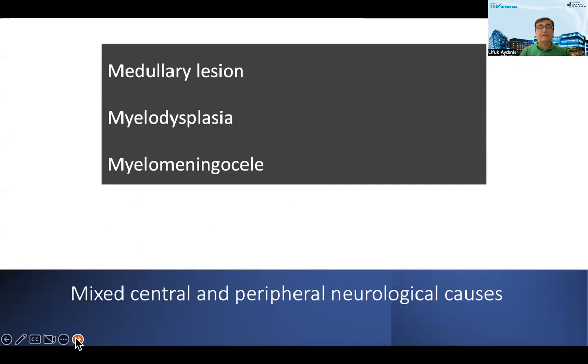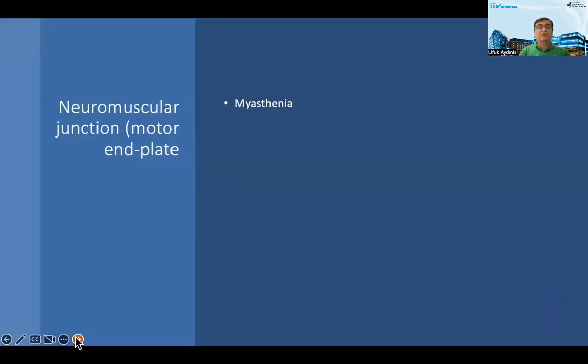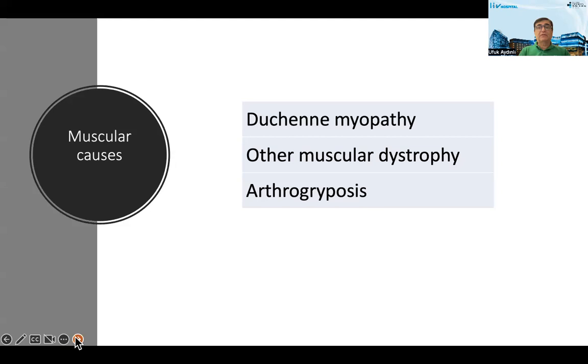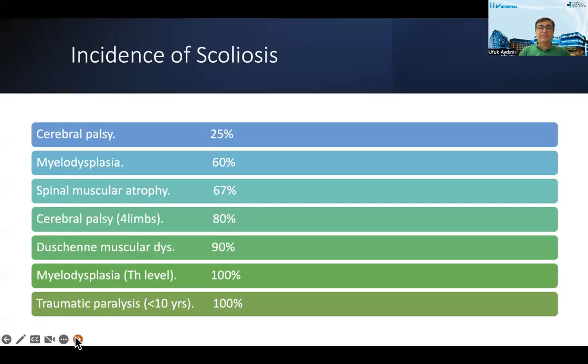The mixed central and peripheral neurological causes usually come with medullary lesion, myelodysplasia, or myelomeningocele. The last group could be neuromuscular junction problems, which is myasthenia, and the muscular causes: Duchenne myopathy, other muscular dystrophies, and arthrogryposis.